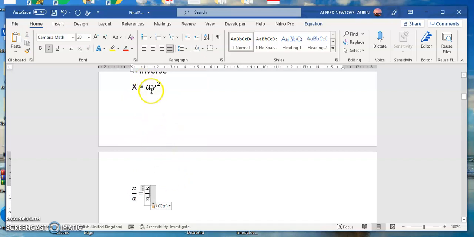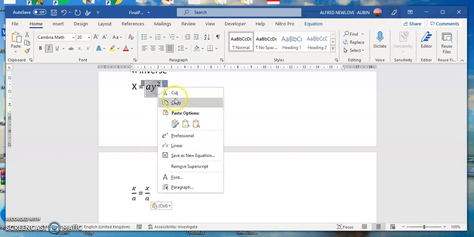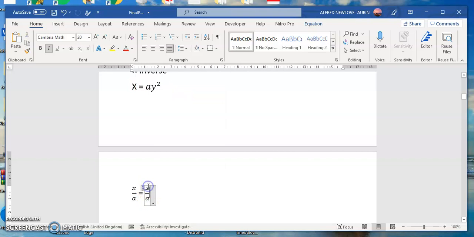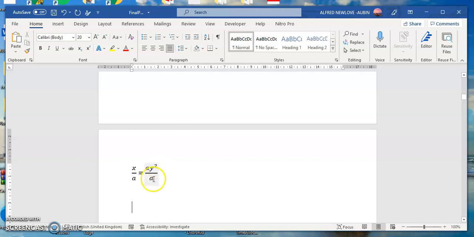So this side is now, I'm going to write exactly what I have here. So here is also going to be divided by a. Then the next step is going to be like this.